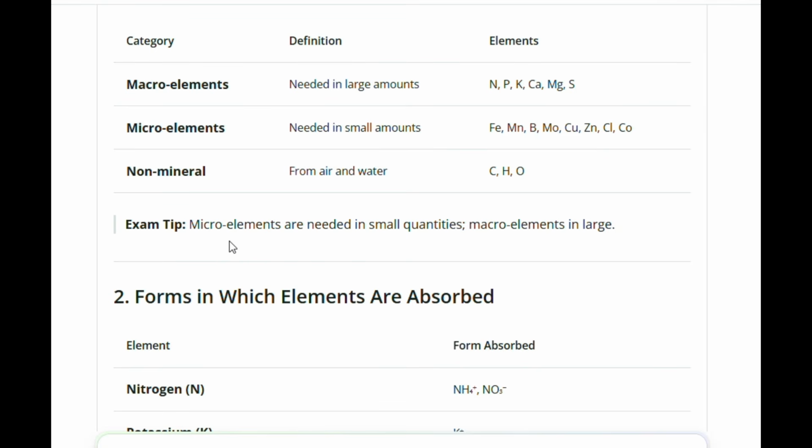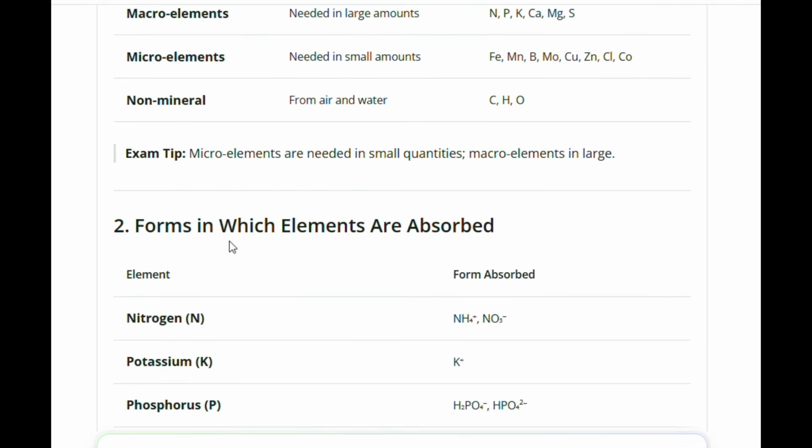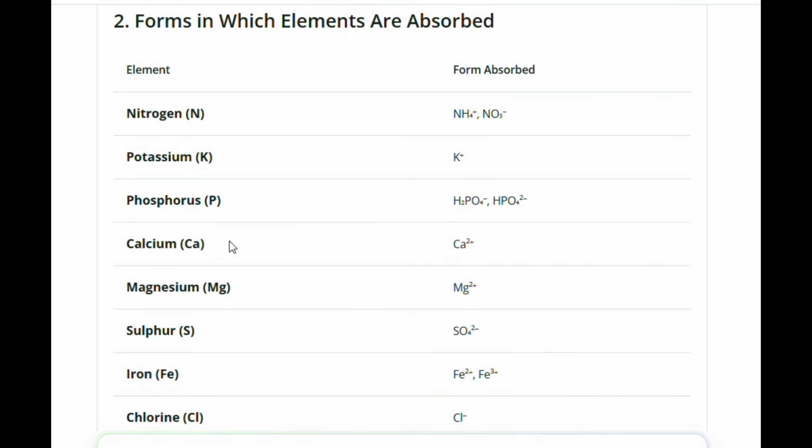Exam tip: micro elements are needed in small quantities, and macro elements are needed in large quantities. Now the forms in which elements are absorbed. Nitrogen is absorbed as NH4 plus and NO3 negative. Then potassium, phosphorus, calcium, and magnesium are absorbed in their own forms, as you can see.